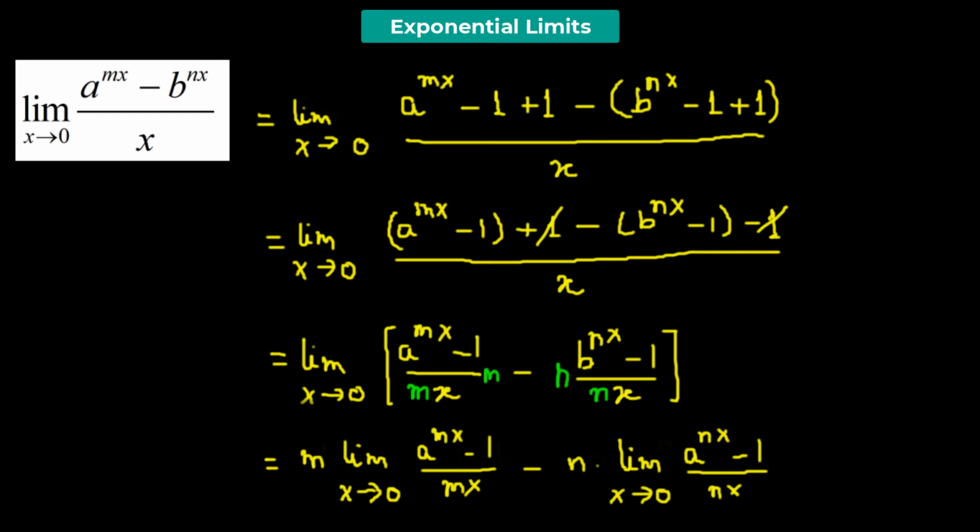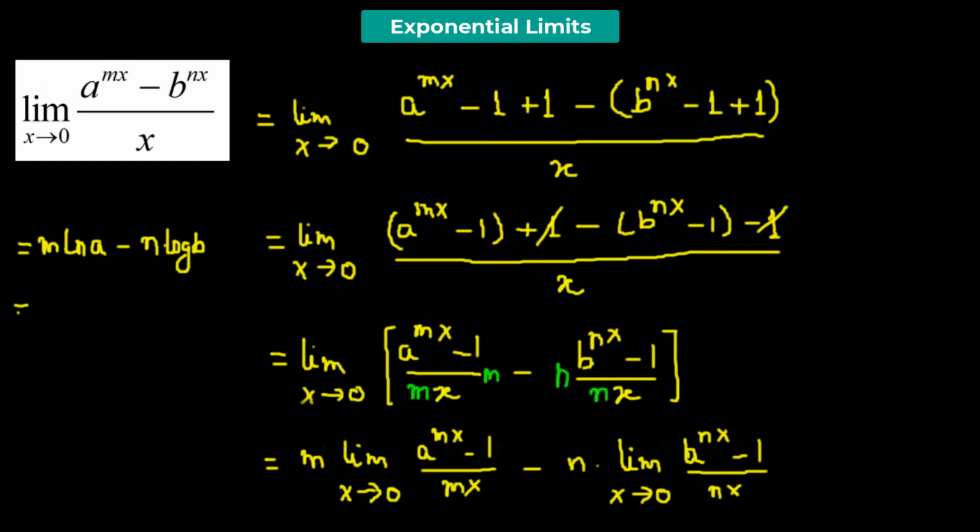So this is finally going to give us m times the natural log of a minus n times the natural log of, or here we have b, so it will be the natural log of b.